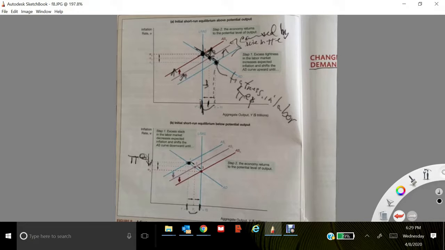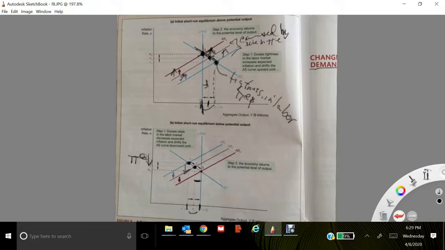So inflationary expectations would be reduced. That causes a shift down in the short-run aggregate supply curve. We'd have an equilibrium here. The demand curve hasn't shifted, but we're still at lower than potential output.